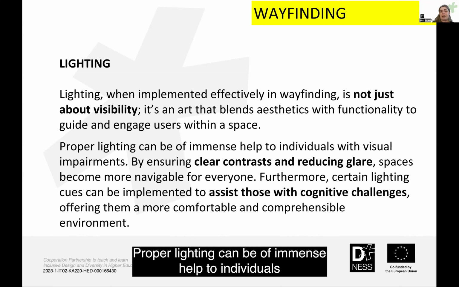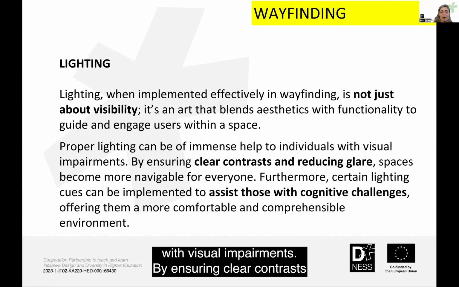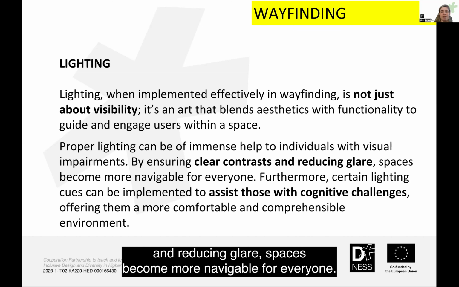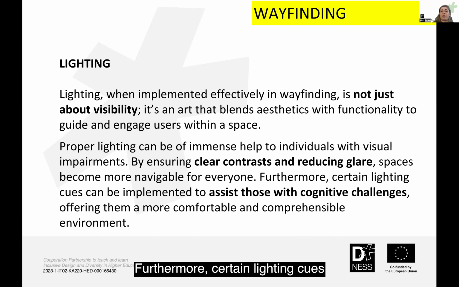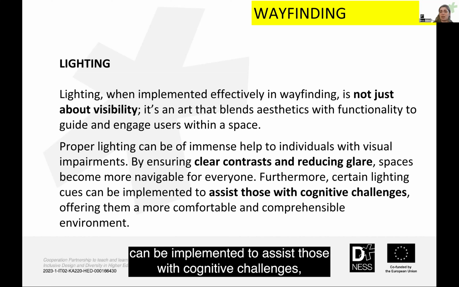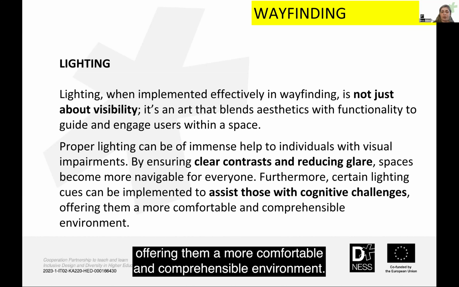Proper lighting can be of immense help to individuals with visual impairments. By ensuring clear contrast and reducing glare, spaces become more navigable for everyone. Furthermore, certain lighting cues can be implemented to assist those with cognitive challenges, offering them a more comfortable and comprehensible environment.